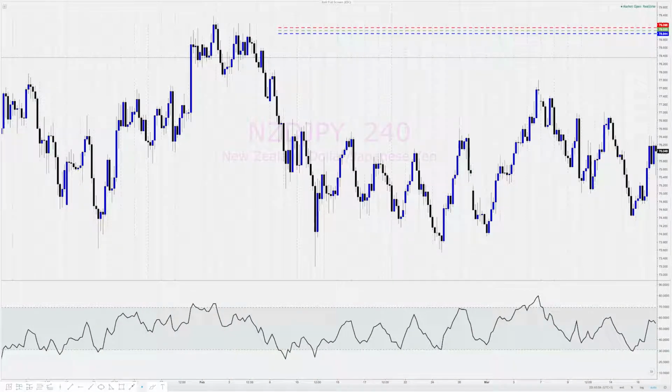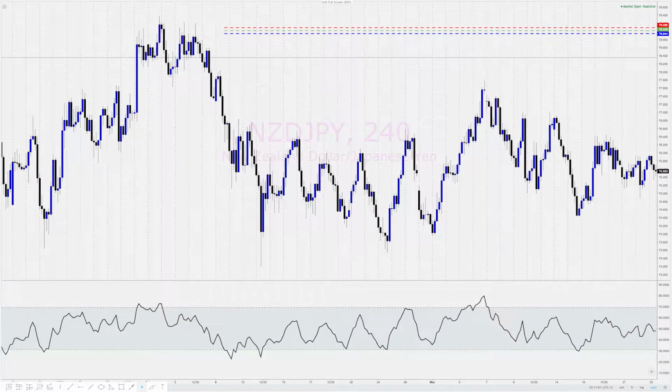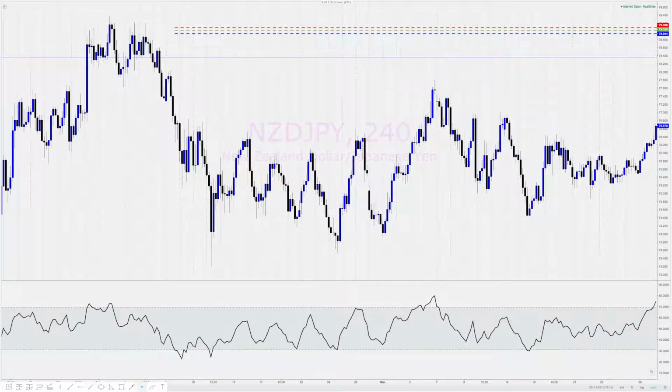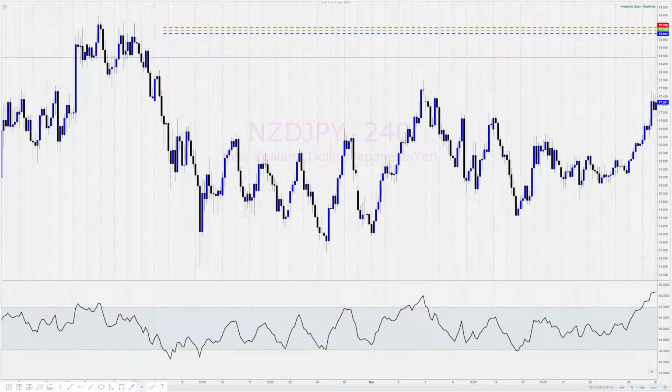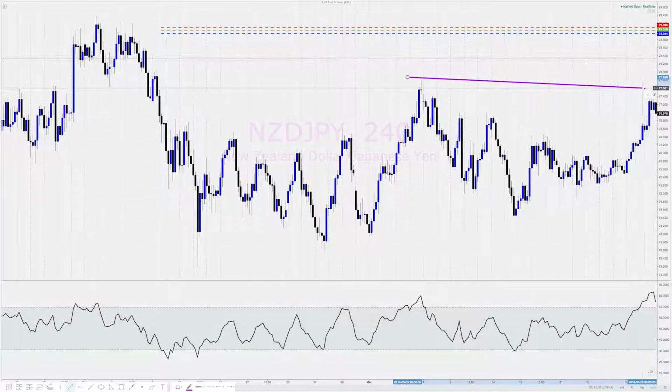What I want to look for is my RSI to hit the extreme levels of either 70 or 30. Okay, there we go. Break out into 70. I want to look for some divergence here. Just from my naked eye, I see price rising a bit, but I also see a little decline there.